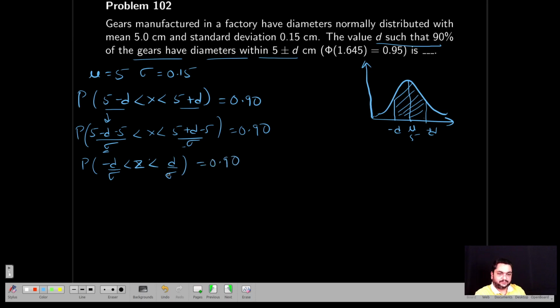If you want, you can substitute sigma, which is 0.15, later.